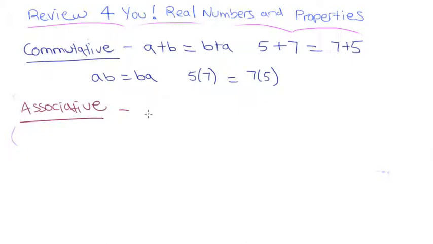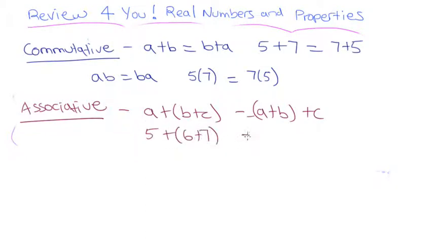So the expression A plus B plus C is the same thing as the quantity A plus B, plus C. So let's do 5 plus 6 plus 7, and that's the same thing as 5 plus 6 plus 7.